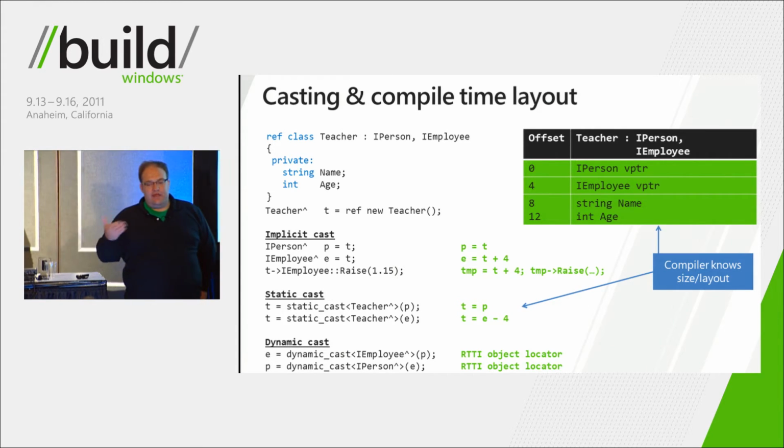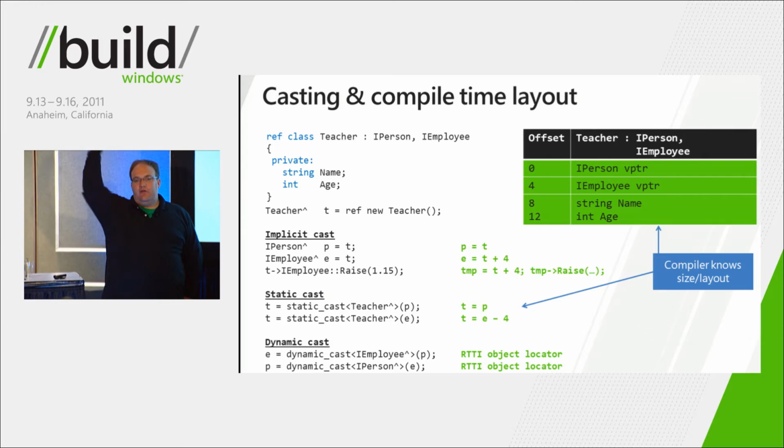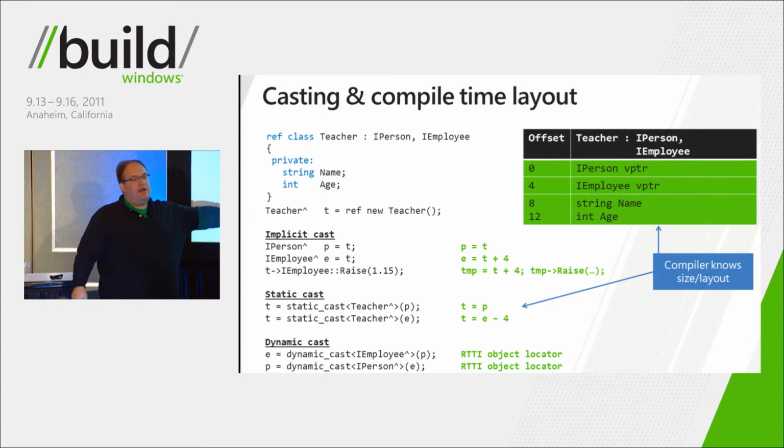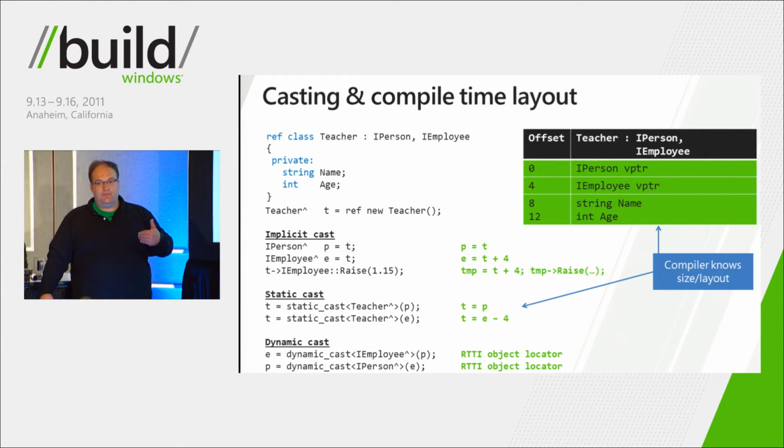So the way that dynamic cast works is to go into your vtable and look at vtable slot -1, that's the Visual C++ implementation at least, which points to the runtime type tables of that class. That gives us enough information to find that the relationship between iEmployee and iPerson is 4, so do the pointer adjustment that way. But it has to resolve that at runtime.